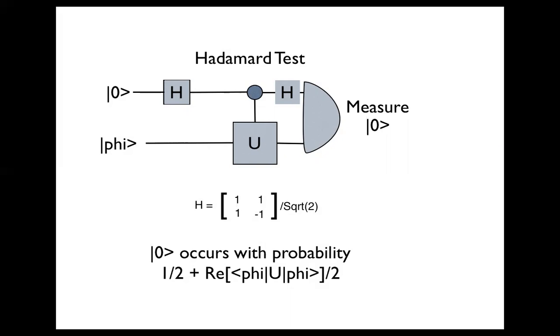So if a linear combination of 0 and 1 comes hurtling down the upper line, then it will affect the next transformation, which is the controlled U, by doing the identity on the 0 part and doing U on the 1 part. And then after that has been applied, I apply H again in the upper tensor line. And now I have the output.